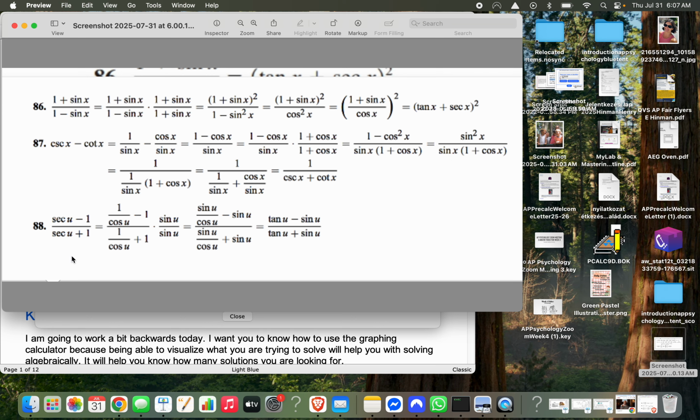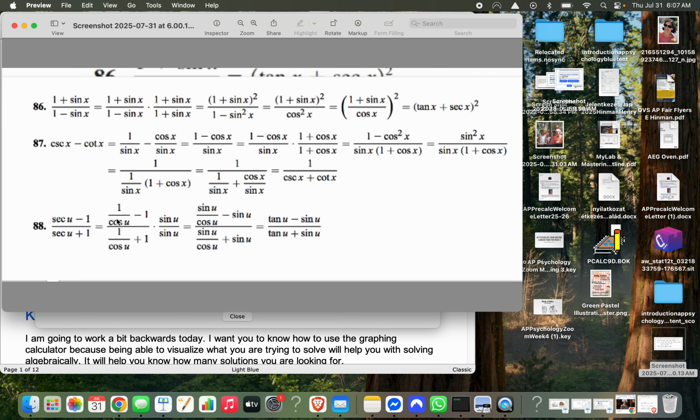All right, last one. Again, we have something to start with that's not in sine or cosine, so a good strategy is to put it in sine or cosine. So the secant is 1 over the cosine. This is just still minus 1, and here the secant is 1 over the cosine, and then I have plus 1. This one is interesting because they know that you're trying to get to this tangent.